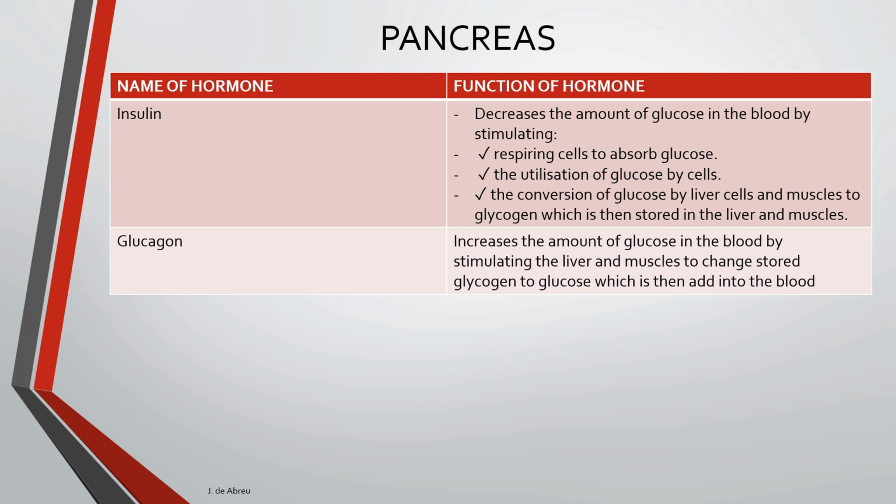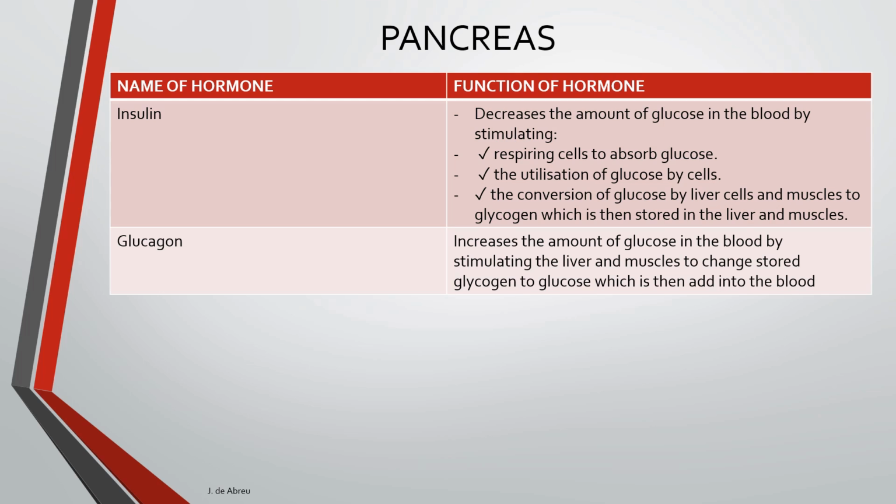Okay. And people with diabetes either don't produce insulin or their bodies and their cells aren't reactive to insulin. They don't recognize insulin as a chemical in the body. And therefore, they need to either inject insulin because their bodies aren't producing it.